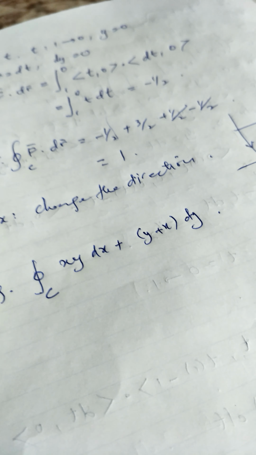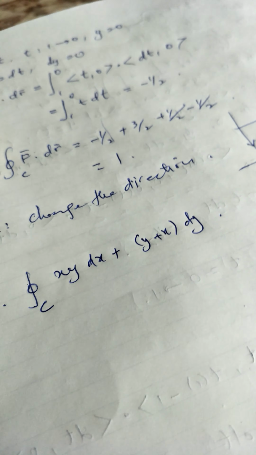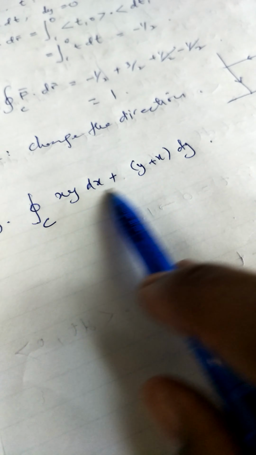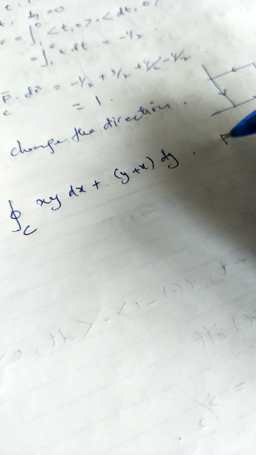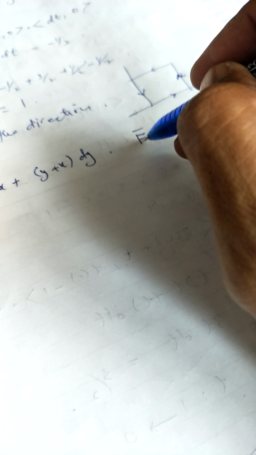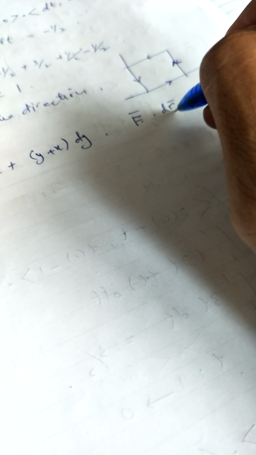Okay, different from the form that we discussed earlier, but this is nothing, just f dot dr. I have explained this to you: f with components p, q, r with components dx, dy, dot product gives you p dx plus q dy. So it's just the same as the closed integral of f dot dr.